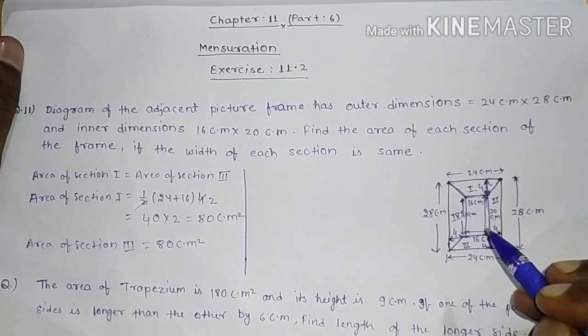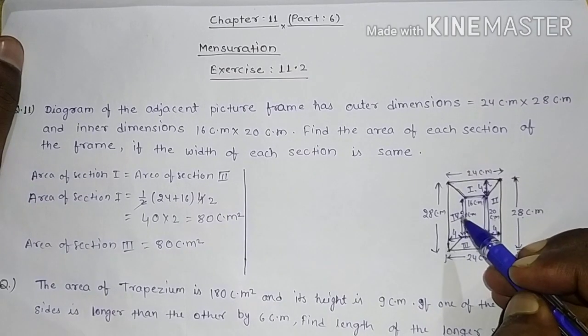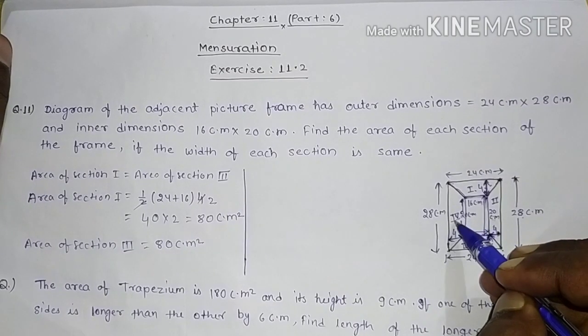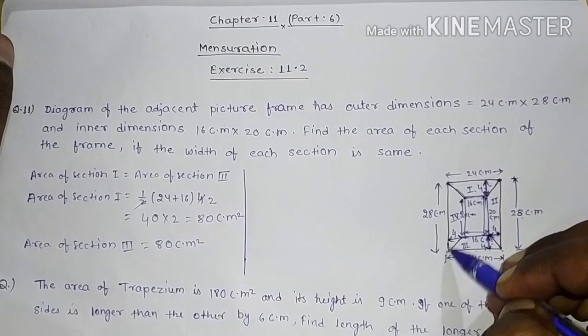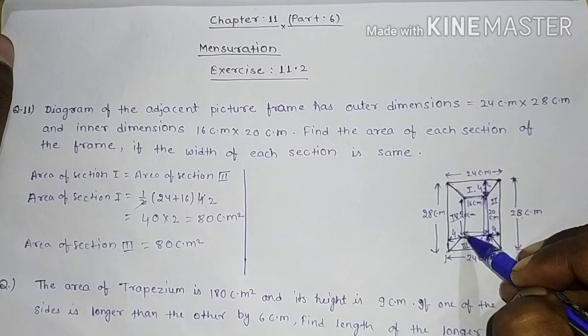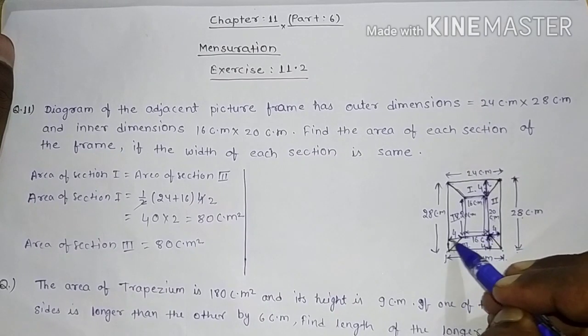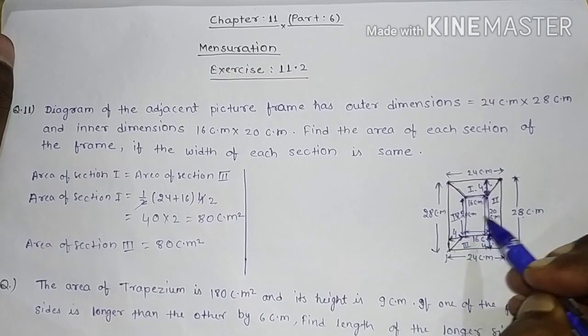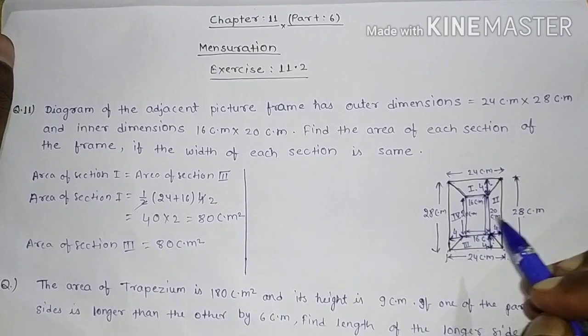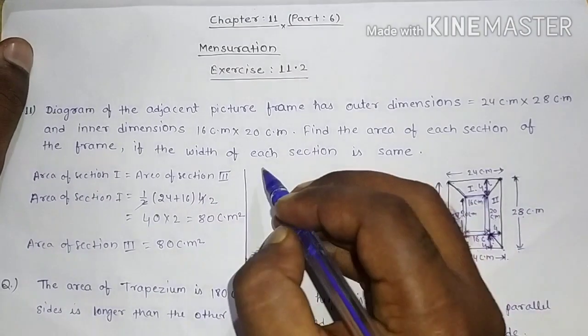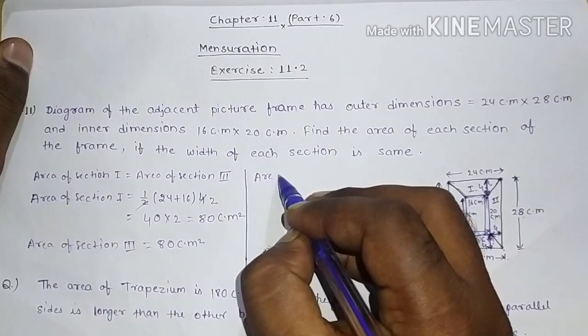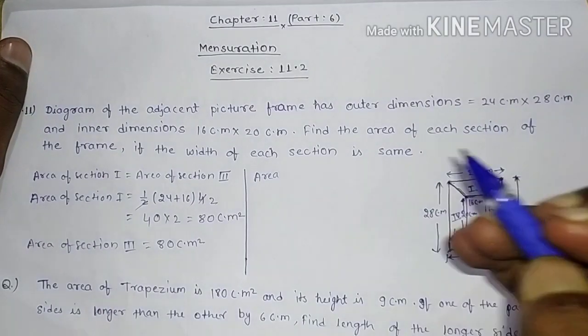Similarly, for section 4, the parallel sides are 28 centimeter and 20 centimeter, and the width is 4 centimeter. The areas of the second and fourth sections will be the same, so just find the area of the second section.